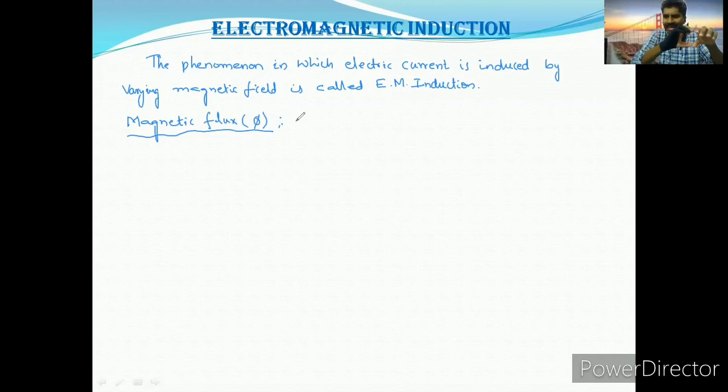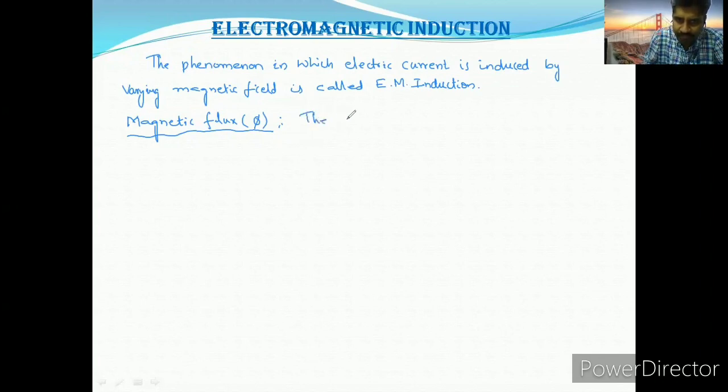Uniform or non-uniform magnetic lines of force are passing. We take a particular area, and in that area, how many magnetic lines of force are passing through the normal, we can call magnetic flux. So we can write the definition.